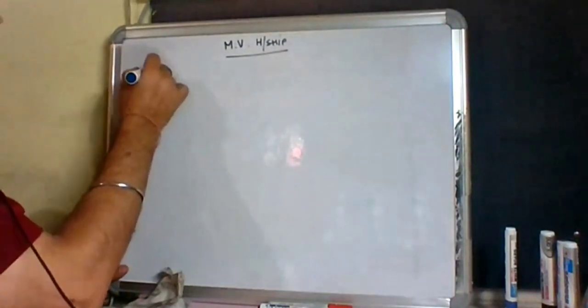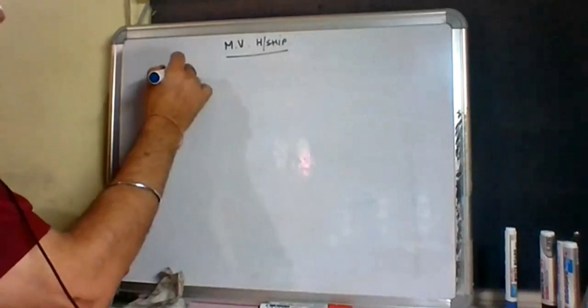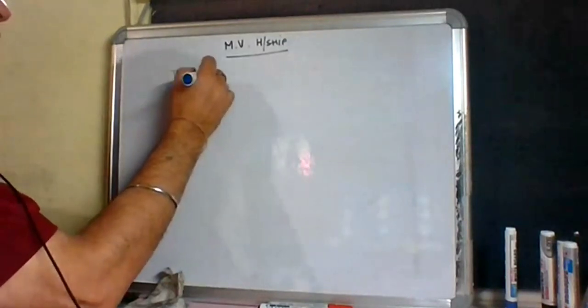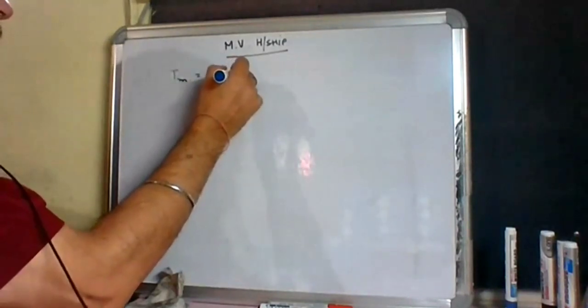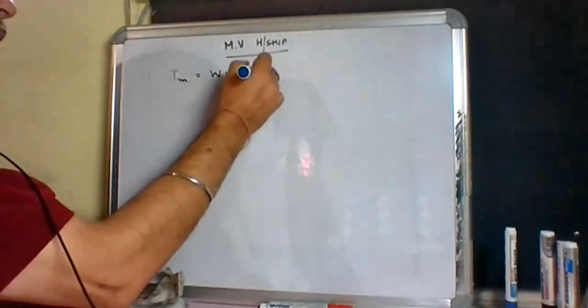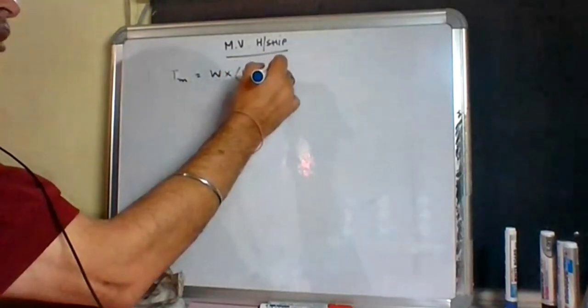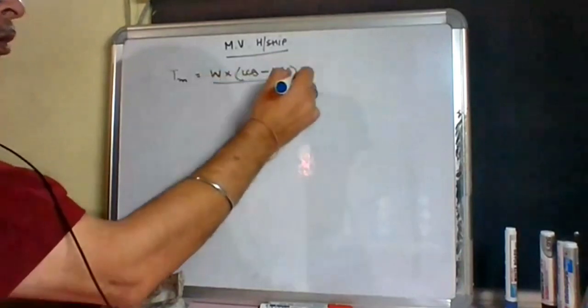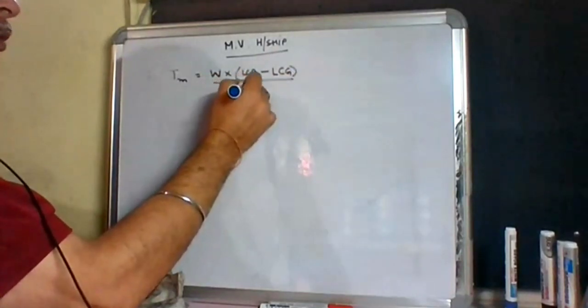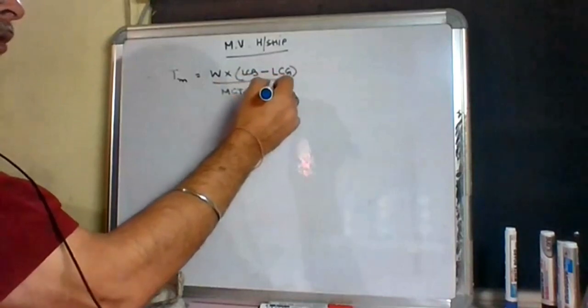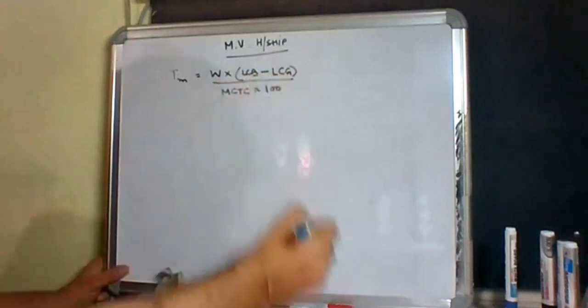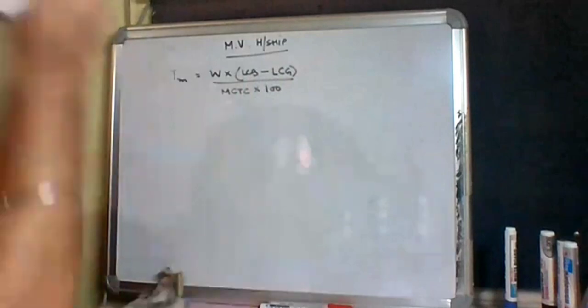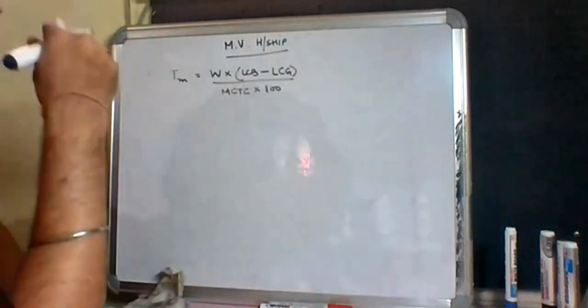So the formula in MV Hinship is: trim is equal to LCB minus LCG over MCTC into 100. This is the formula which is used.